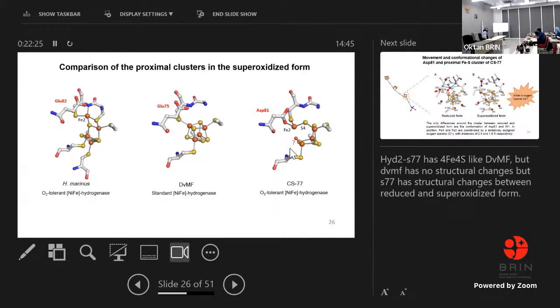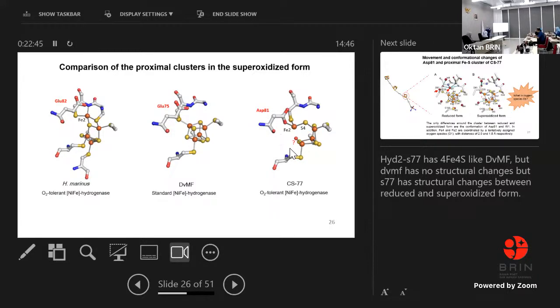Okay, so we compare the proximal cluster of the CS77s in the oxidized form with other oxygen tolerant and standard nickel iron hydrogenases, and we find something interesting.